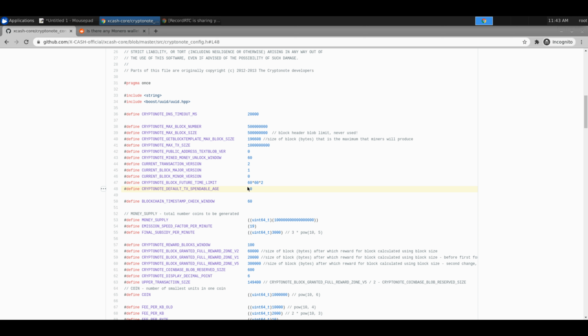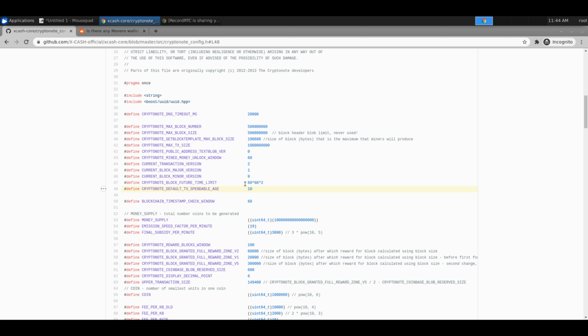It's 10. This is because I shot this before DPoPS went mainnet. As you guys know, we're changing this to 1 because we have DBFT, and blocks can never be reorged. So when a block is mined, it's final, period. So we can change this to 1.